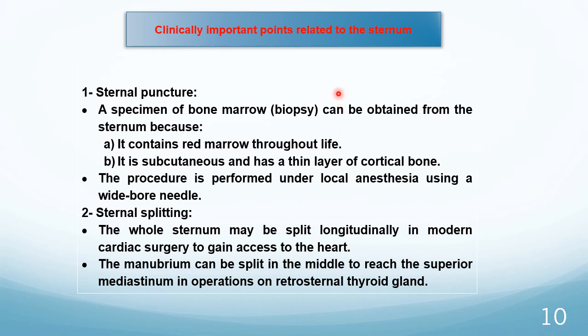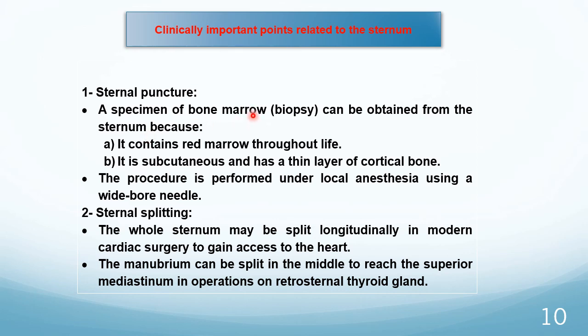Important points related to the sternum clinically. Number one, sternal puncture. Some people suffer from tumors like leukemia, and we can take a specimen of bone marrow from the sternum. Why is the sternum the preferred site to take a specimen of bone marrow?